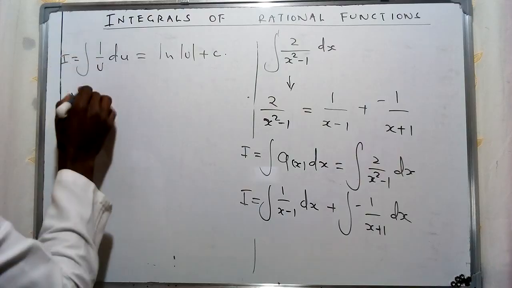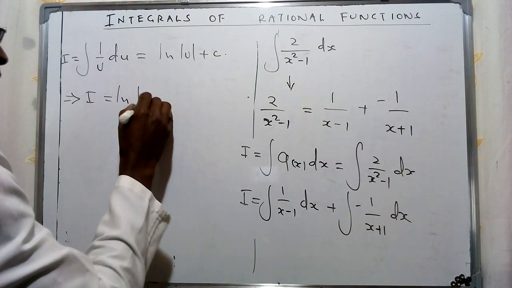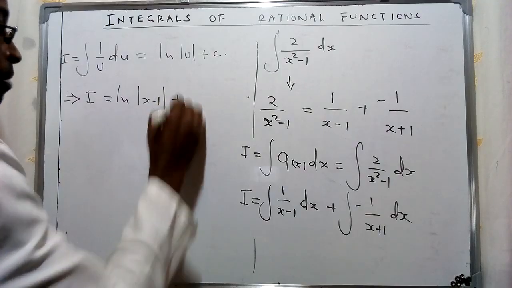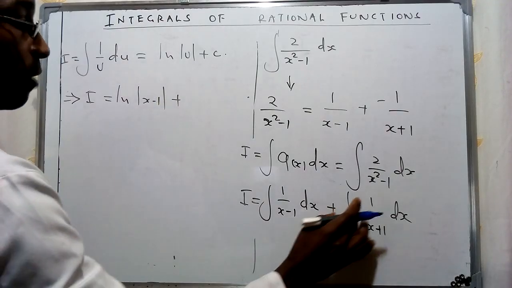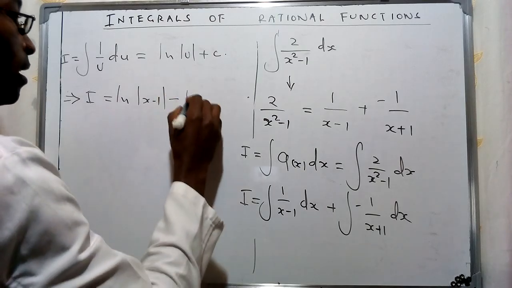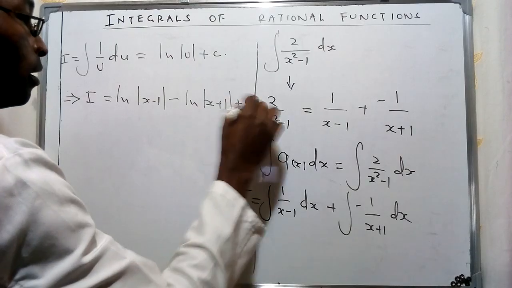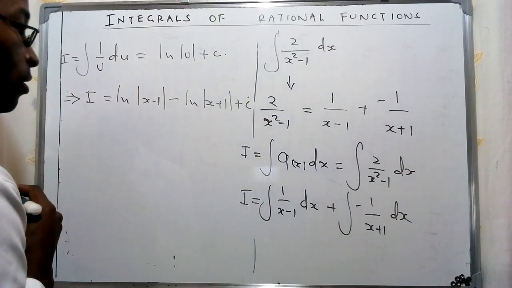So we shall have this integral expressed in the form of the natural log of x minus 1 plus, in this case, a negative sign, and therefore this is going to be a minus the natural log of x plus 1, and of course plus c, which is a constant.